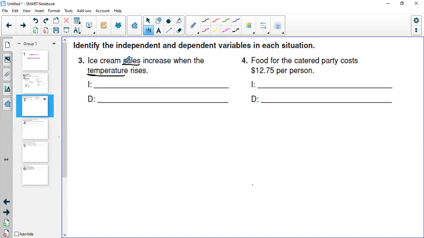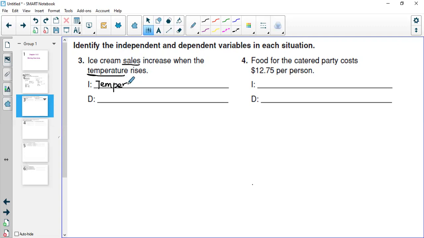Now among these two, we need to decide which one is the dominant one here. The dominant one becomes the independent one, means which one is not dependent. So is the amount of ice cream dependent or is the temperature dependent? Which is dependent here? Exactly, temperature is independent, because there is no control over the temperature. So if the temperature increases, the number of ice cream sold will go up.